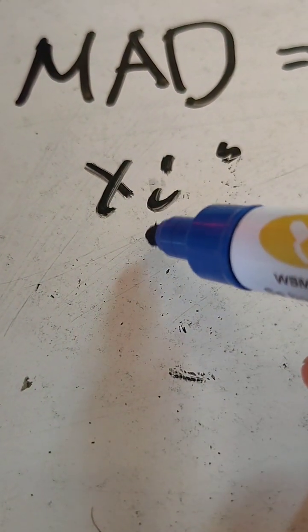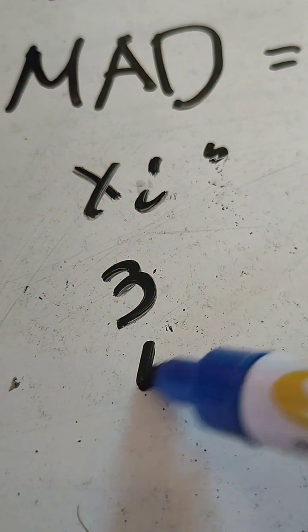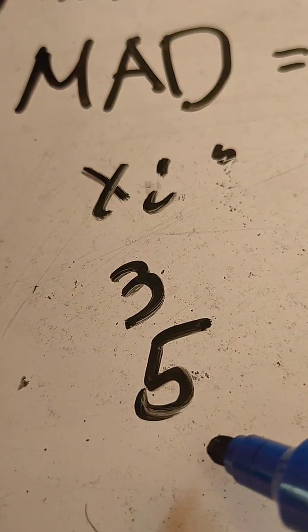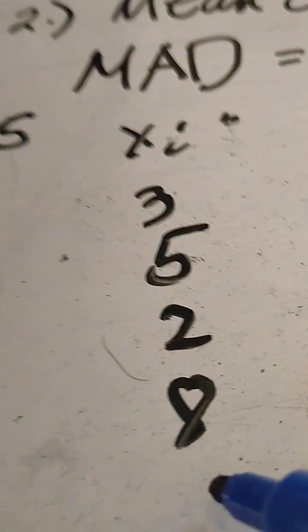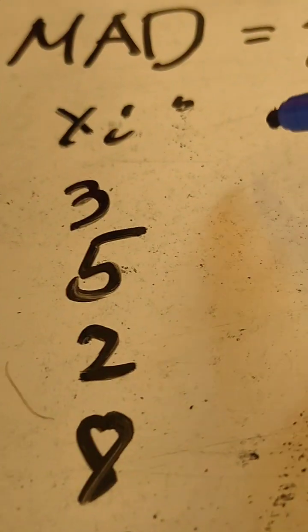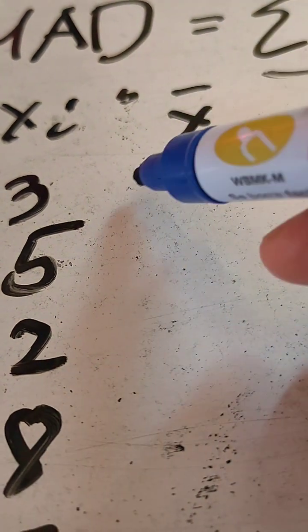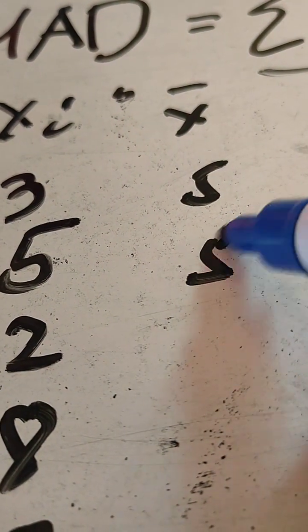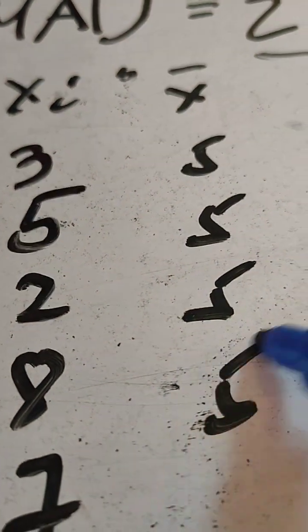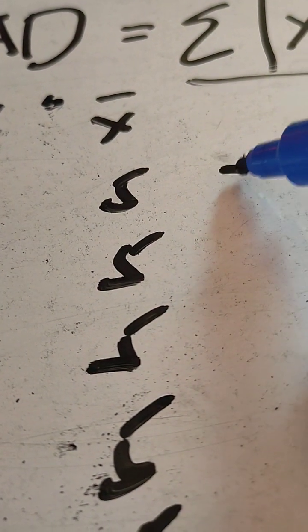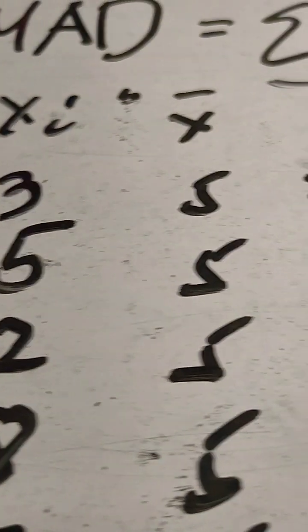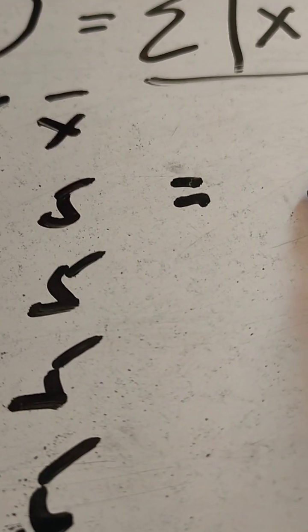Let us have 3, then 5, then 2, then 8, and 7. And then our mean is 5, 5, 5, 5. So, let's get the difference now. 3 minus 5 is negative 2.